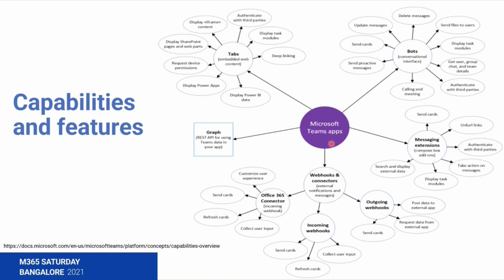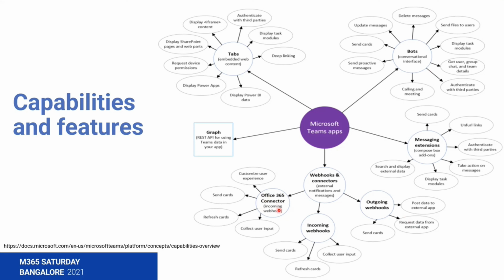Talking about Microsoft Teams webhooks and connectors in the Teams app, as I said, you can have incoming webhooks and outgoing webhooks, with which you would be able to send cards, collect user inputs, and refresh cards. With the outgoing, you would be able to request data from the external application, post data back to the external application, and also send cards.